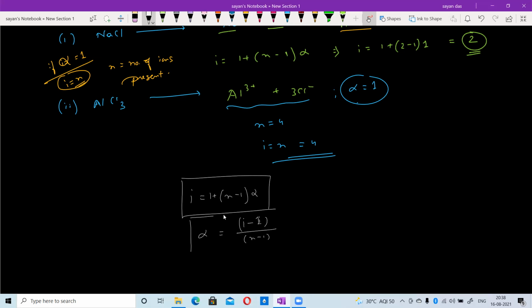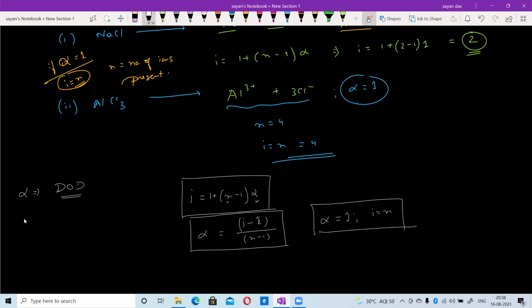Alpha is the degree of dissociation, and when alpha equals 1, i equals n. Just write this down: degree of dissociation, in short DOD, and n equals the number of ions present.